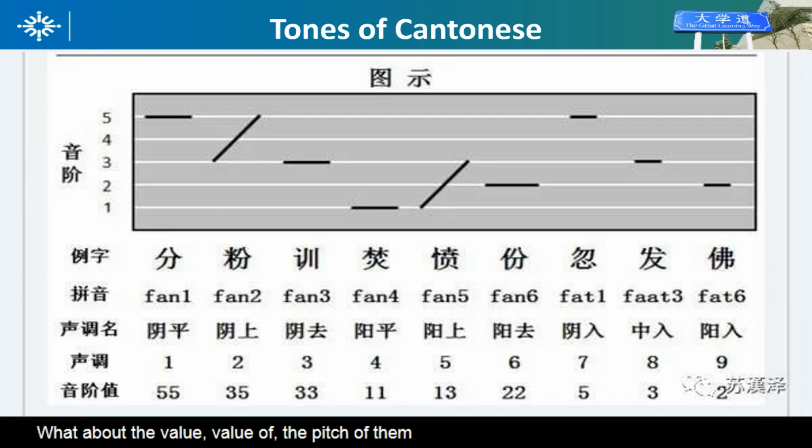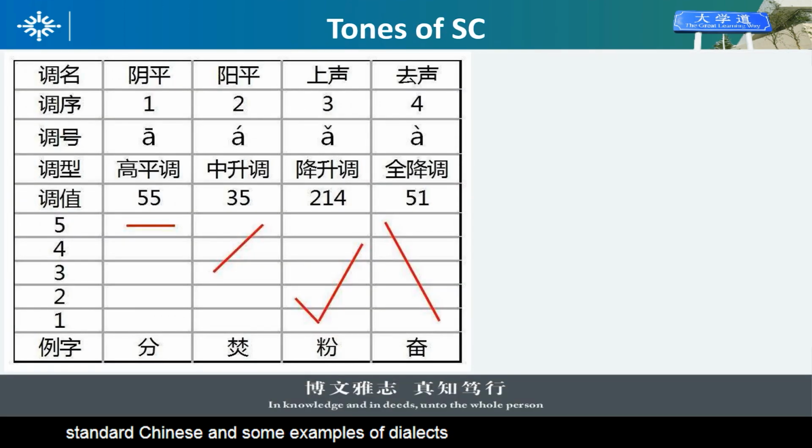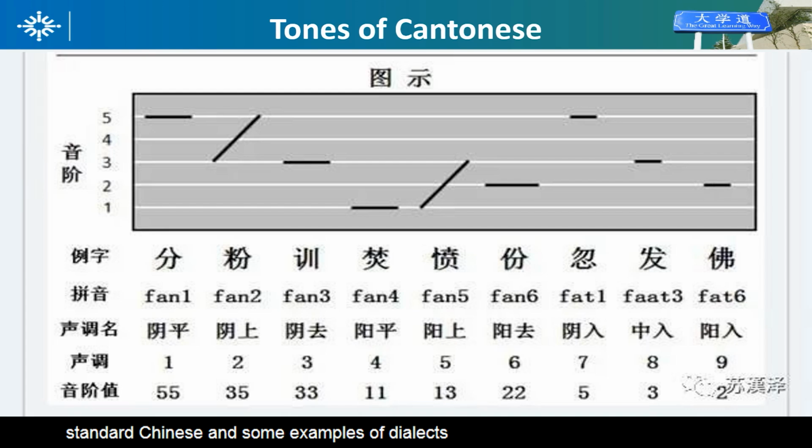What about the pitch values of them? I will read the characters here to show their height. Fan, fan, fan, fan, fan, fan, fa, fa, fa. You can feel the difference of them, right? So this is the situation of the tones of contemporary Standard Chinese and some examples of dialects.